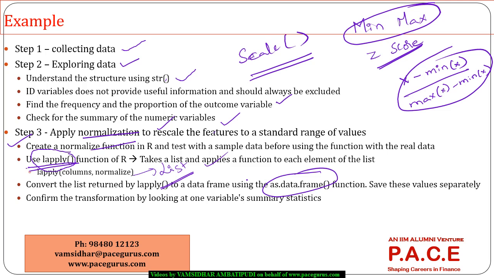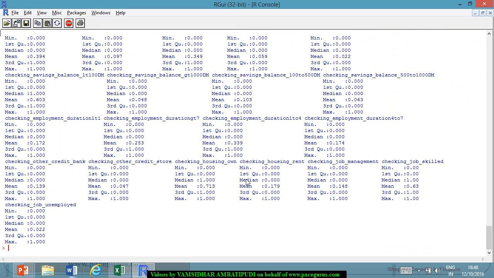Now the same process we can follow for Z scaling as well. Instead of credit min-max, I will create another new variable called credit Z score.